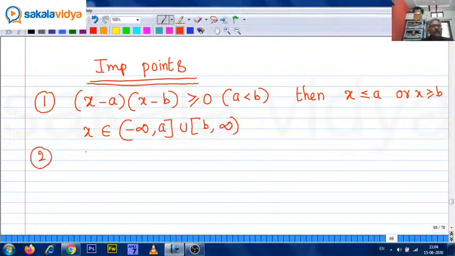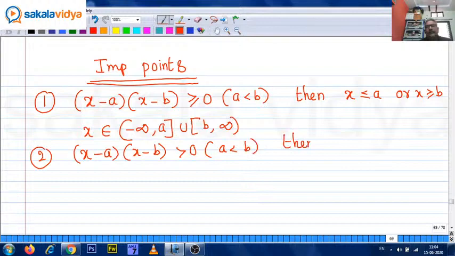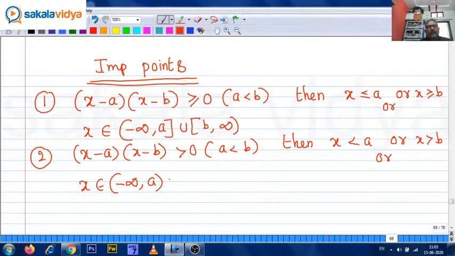Second one, x minus a into x minus b is greater than 0, a less than b. Then x is less than a or x greater than b, or x belongs to minus infinity comma a open, union b to infinity.